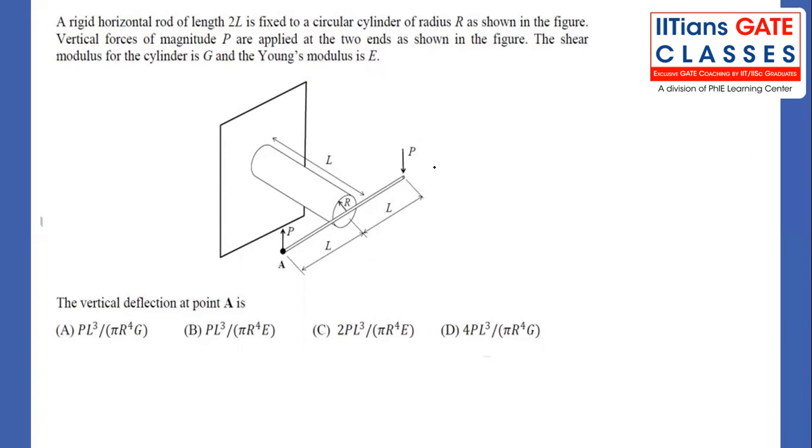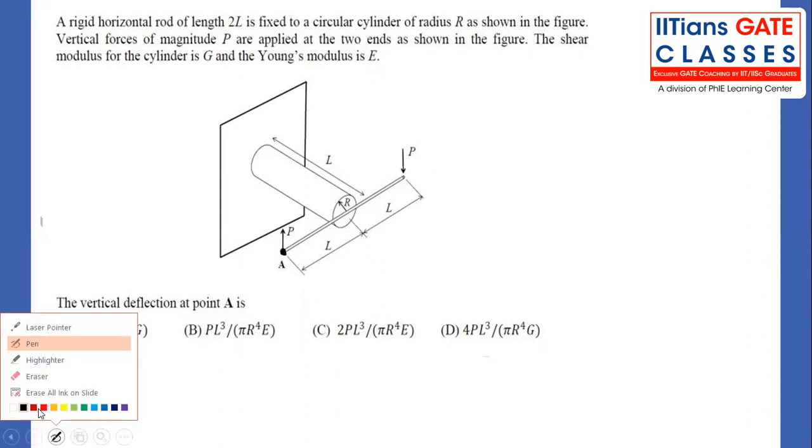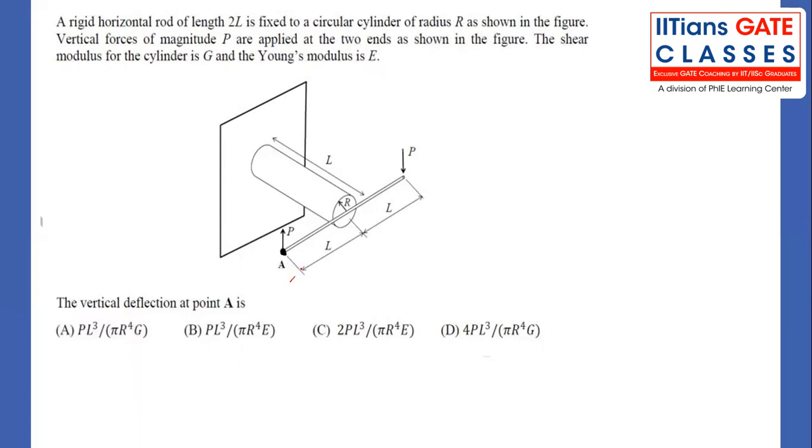A vertical force of magnitude P is applied at the ends. What they are asking is the vertical deflection at point A. After some point of time it will be deflected like this. So this is the deflection they are asking. That's quite easy.